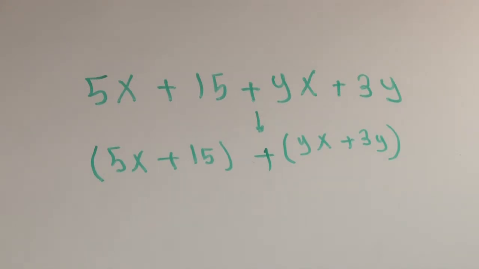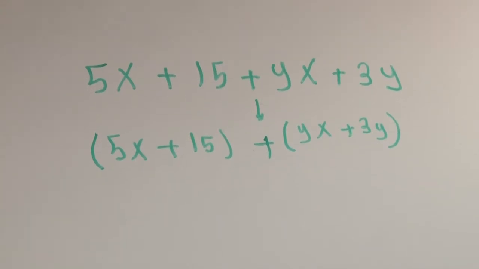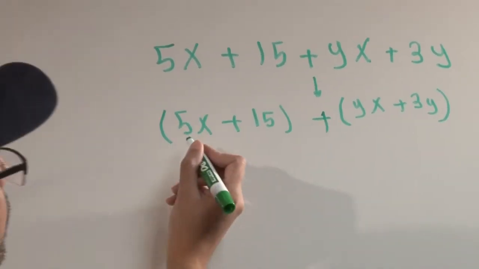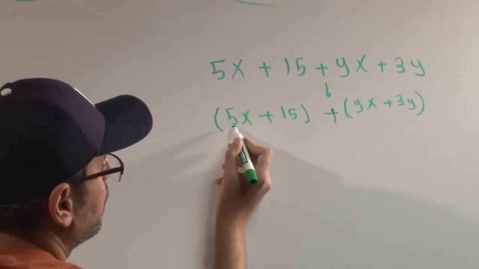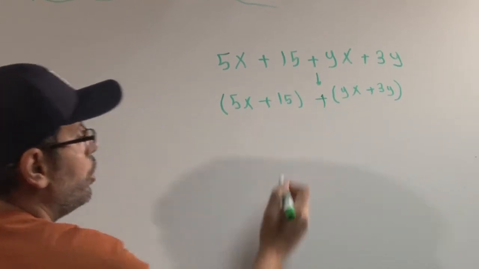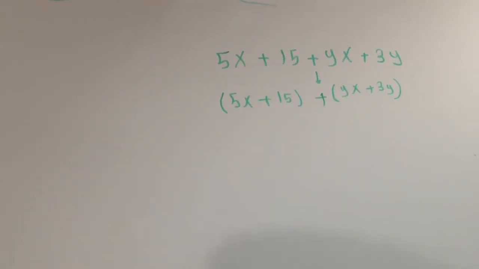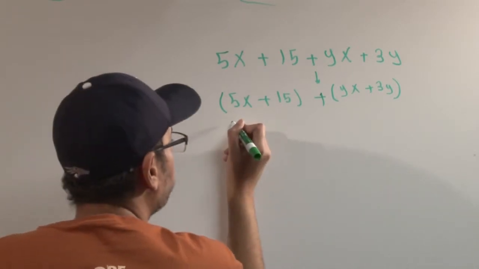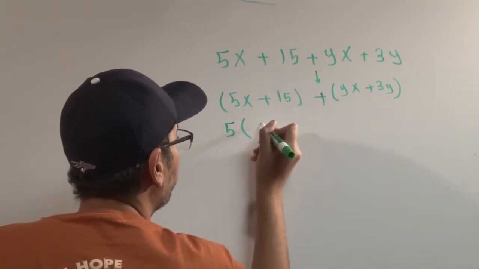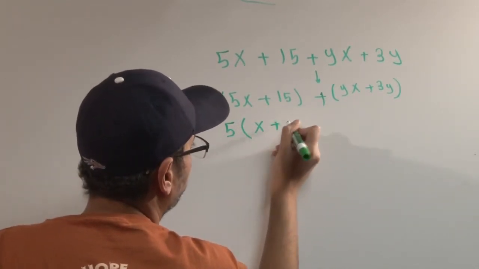The first step that we have learned before is to get the GCF. I see here that this is 5 and this is 15, so my GCF would be what? Yes, it is 5. So 5 times (x plus 3).